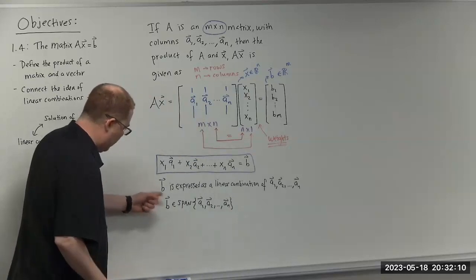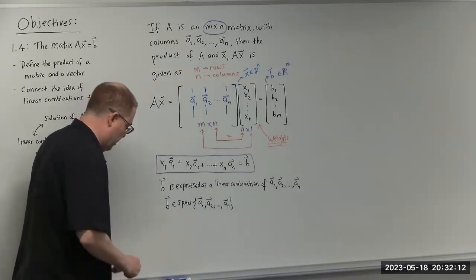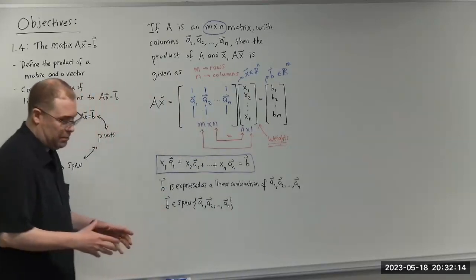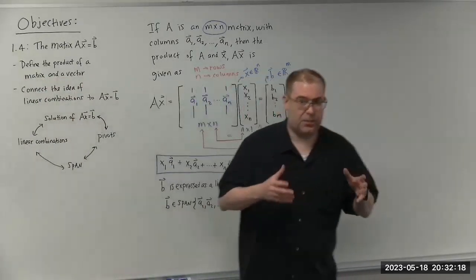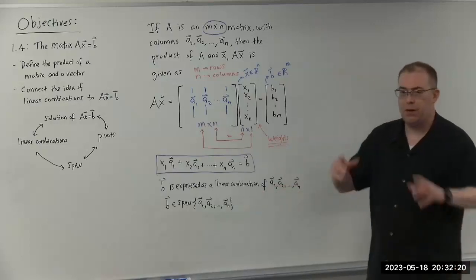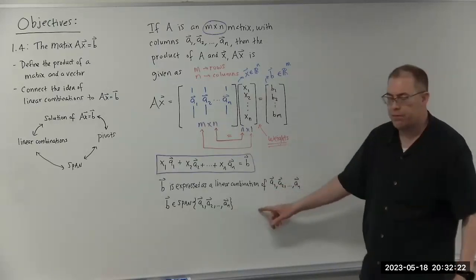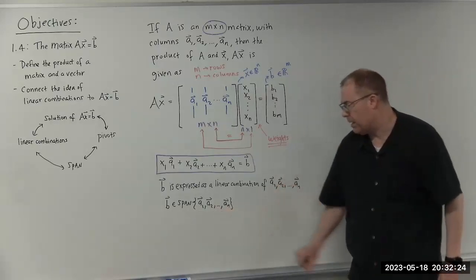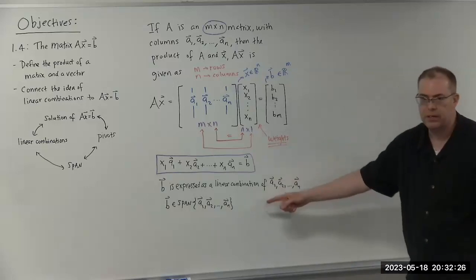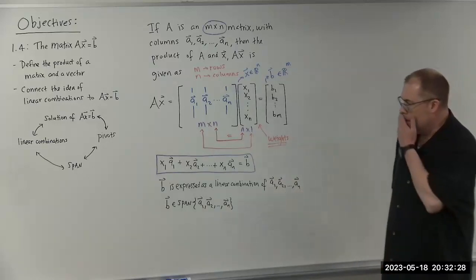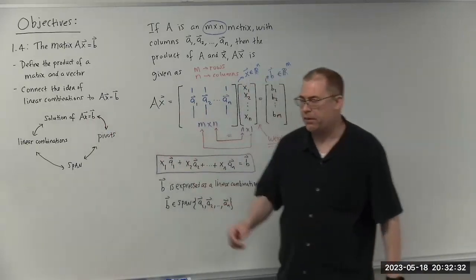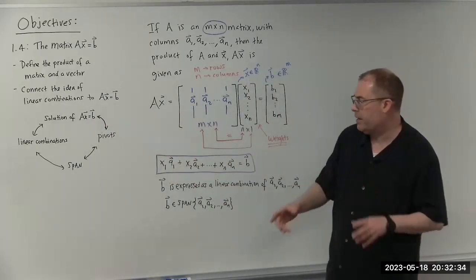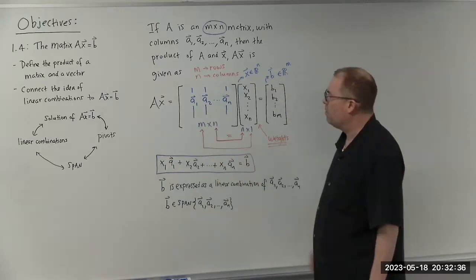So these are interchangeable. When we say a vector lives in the span of a collection of vectors, that just means that vector can be represented as a linear combination of these vectors. Later on, we're going to connect all this. There's a really nice theorem that connects these together.